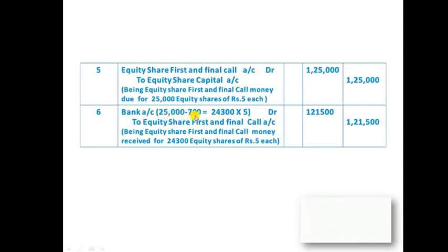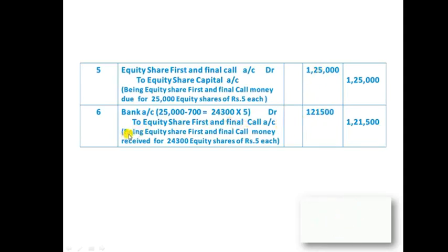In that last installment, shareholders couldn't pay for 700 shares. So the company received money for only 24,300 shares at ₹5, that is only 1,21,500 rupees. So these are the changes we need to make at the time of calls in arrears.